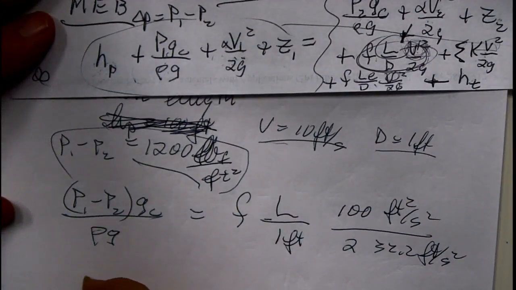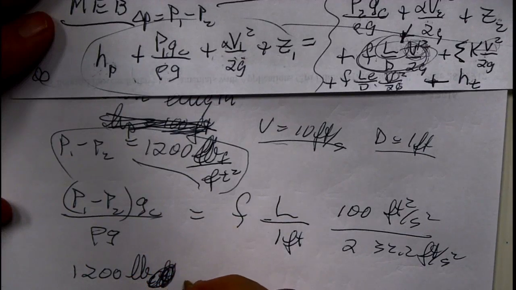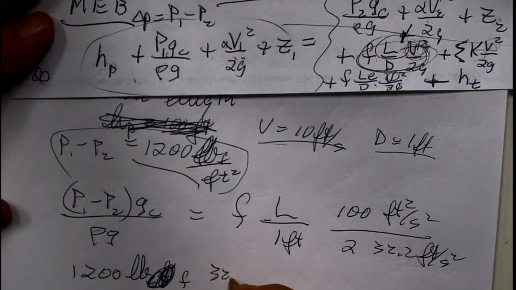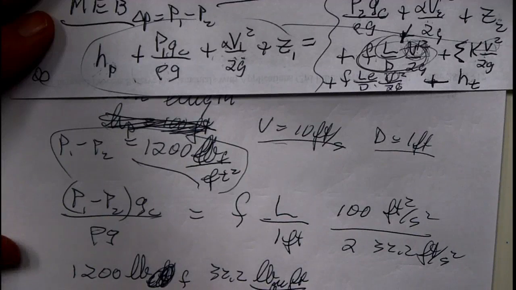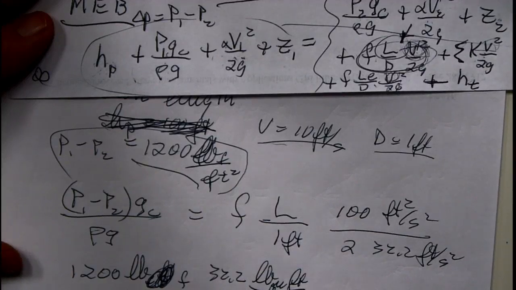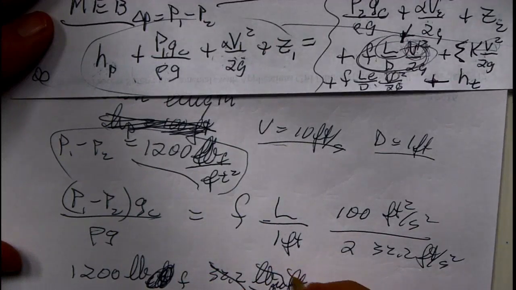Right, just go ahead and make that 1,200 pounds force. g_c would be 32.2 pounds mass foot per pounds force second squared, divided by density, which is 62.2 pounds mass per foot cubed, and gravity is 32.2 feet per second squared. So in a sense that cancels that. Pounds mass cancels that. That foot cancels that.